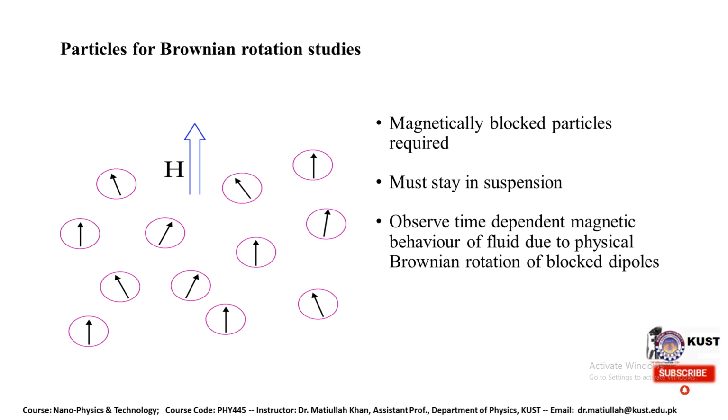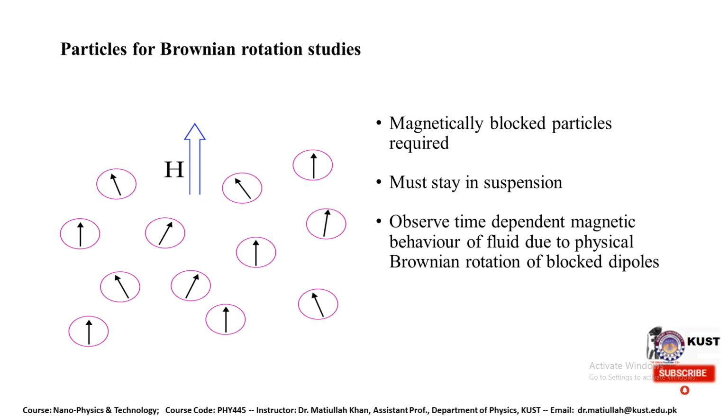The same thing we have studied in magnetostatics, where we have magnetic dipoles. A magnetic dipole is just like a magnet with north and south poles, because we cannot have magnetic monopoles.